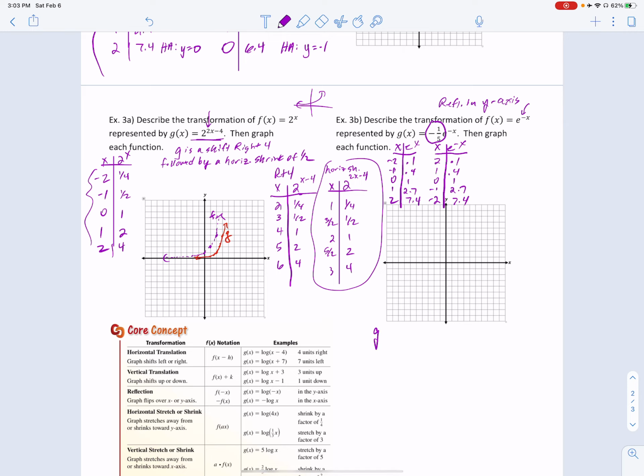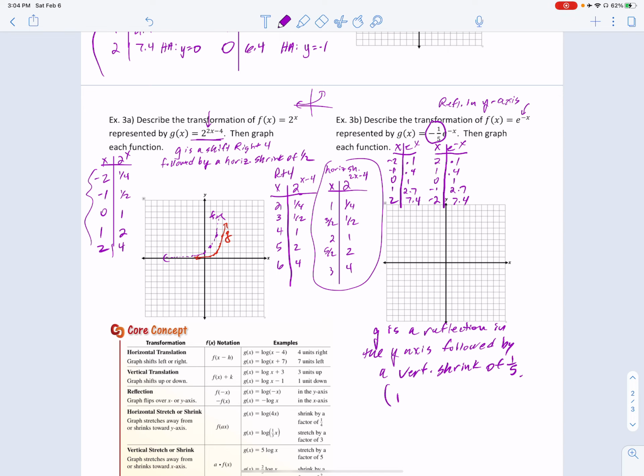So G is a reflection in the y-axis followed by a vertical shrink of 1/5.